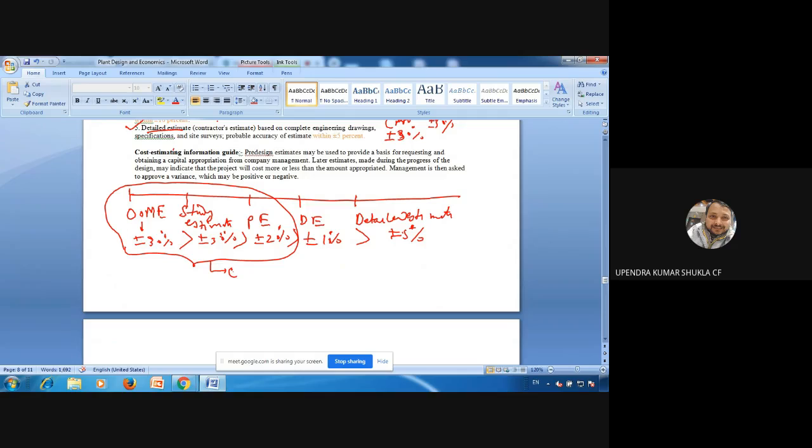You will say, sir, this is my pre-design cost estimate, and that will become the basis for requesting and obtaining a capital appropriation from company management.